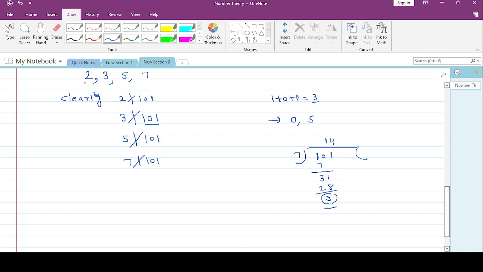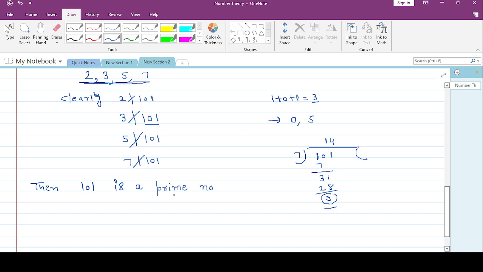Now if none of these prime numbers divides the given number, then we say that the given number, like 101, is a prime number.